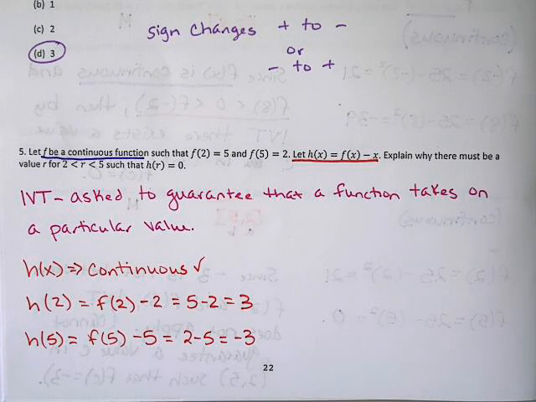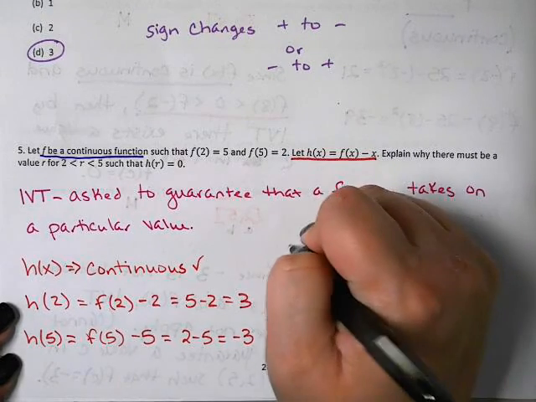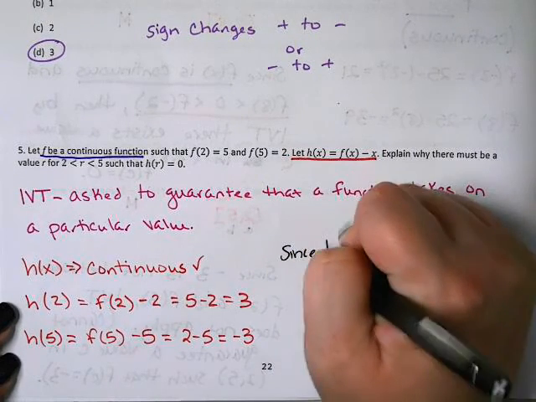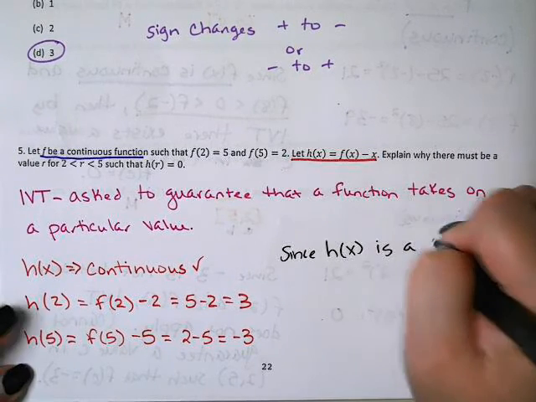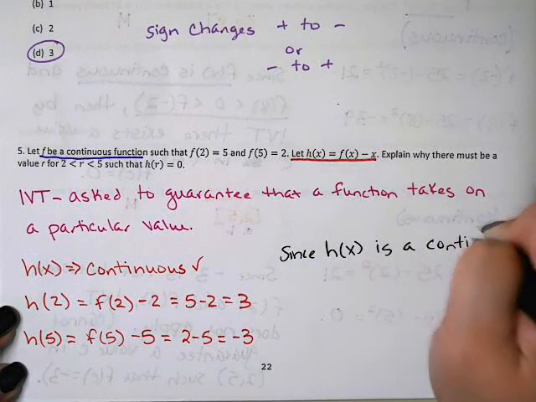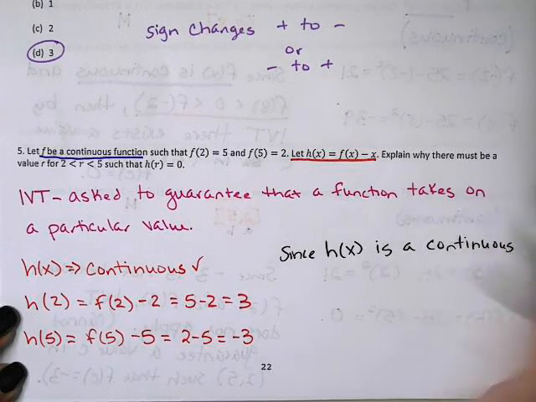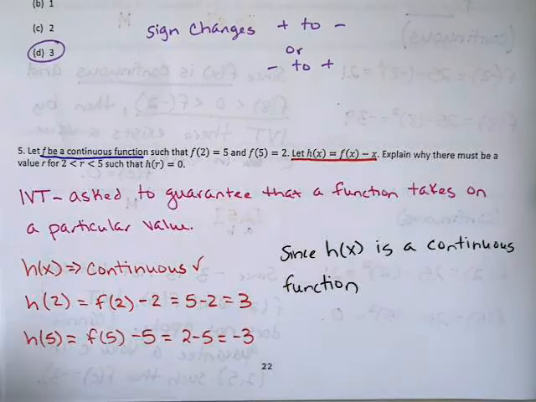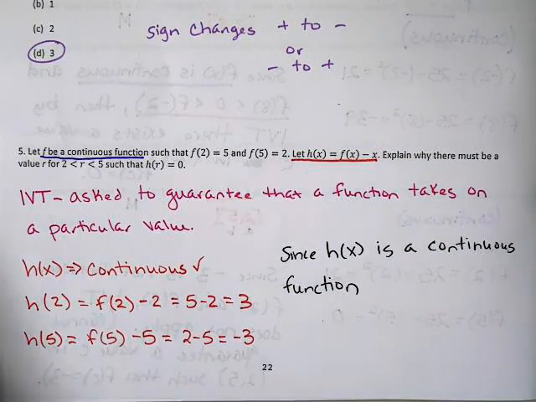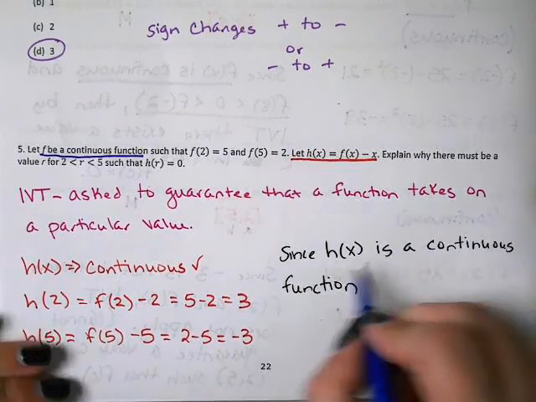So again, our explanation is a little wordy, but it has to all be there. So we're going to start with our conditions. So since h of x is a continuous function, so that's our first condition. H of x is a continuous function.